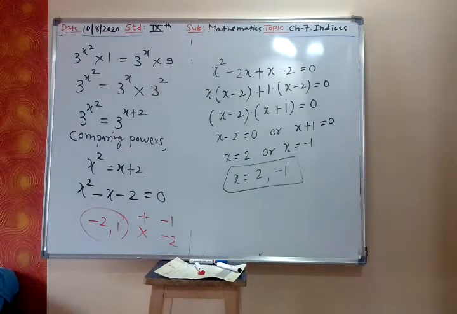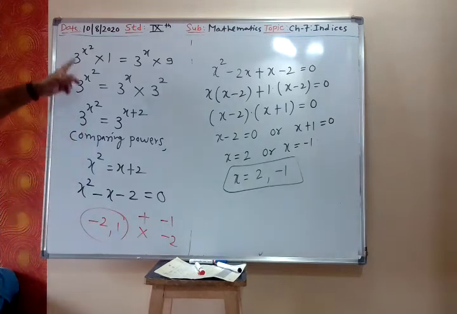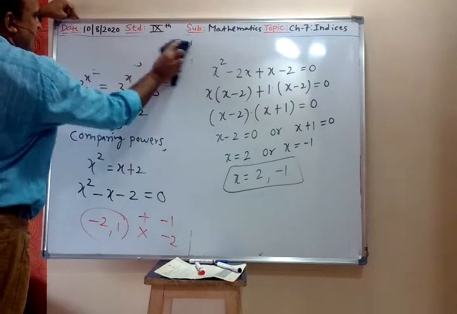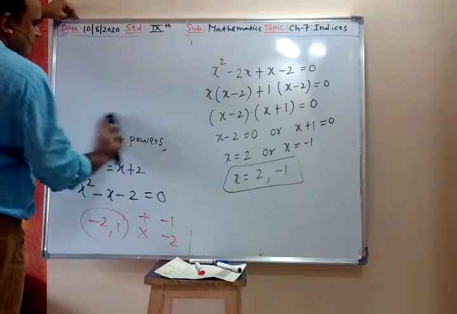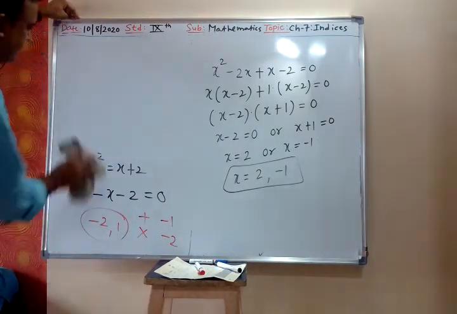So x square minus x minus 2 is 0, which is a quadratic equation. Find two numbers whose sum is minus 1, multiplication is minus 2. This part is over. So let me cover the other part. Let me solve this the other way, where you will get the same quadratic.